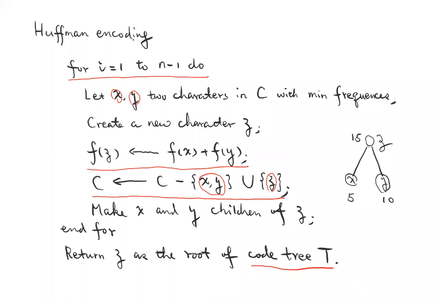Before I prove it, let me run an example one more time to see how it works. Suppose we have A, B, C, D, E, say 5 characters. Number of occurrences: 5 for A, 3 for B, 6 for C, 2 for D, and 7 for E. The algorithm first finds the two characters with minimum frequency.